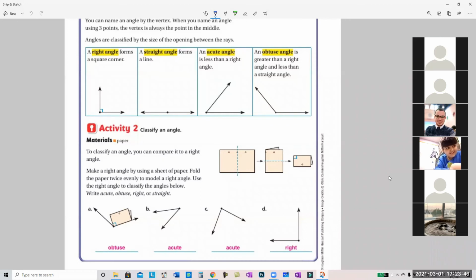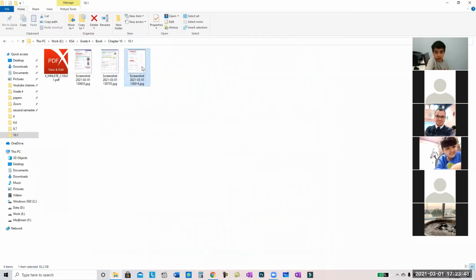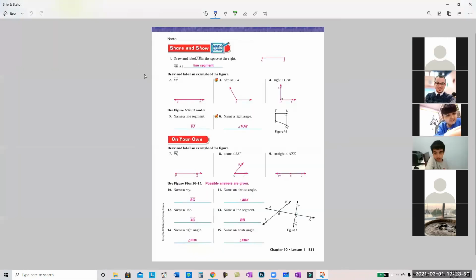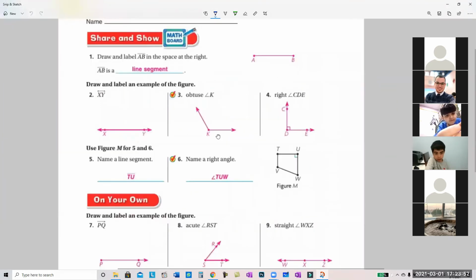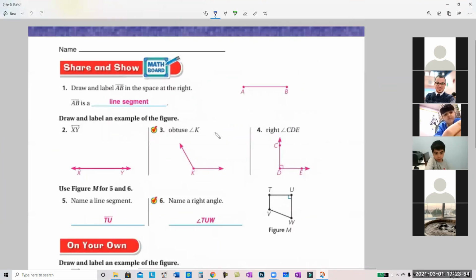Okay, thank you. Let's move to the next page. Now in this page, you are gonna draw the figure itself. Let's see how we can draw it. You should have a ruler, pencil and eraser, guys. Draw and label line segment AB in the space at the right.